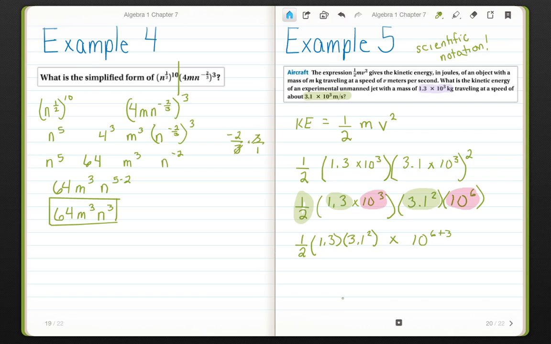If I go ahead and do that math, I get 6.2465 times 10 to the 9th joules. So this is the kinetic energy for the aircraft of this mass moving that fast.